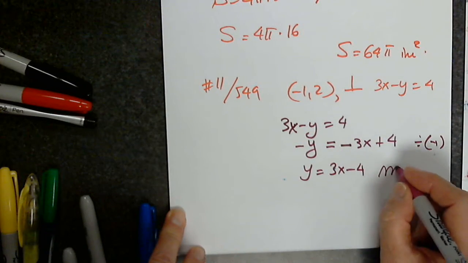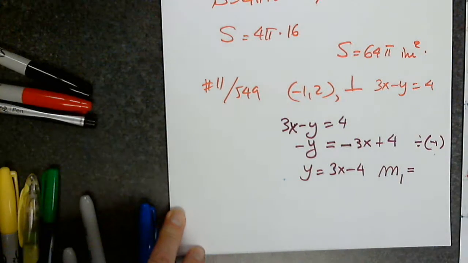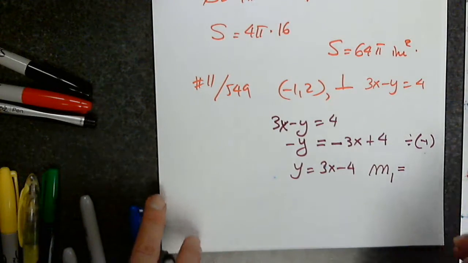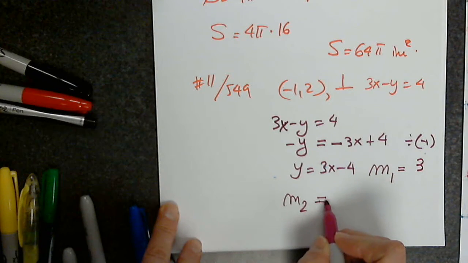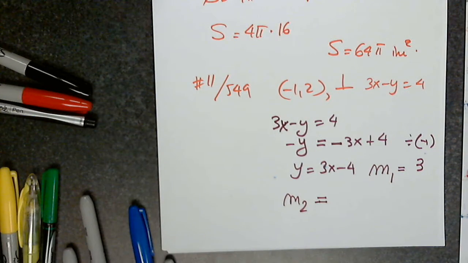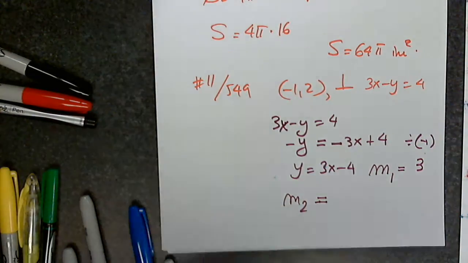I found the slope of this line. I'm going to call it M1. How much is it? Since the lines are perpendicular, how do I get M2 of the line that I need to find? Very good.